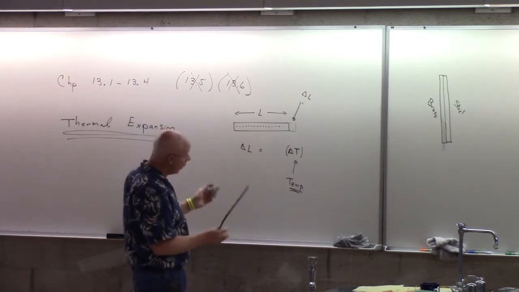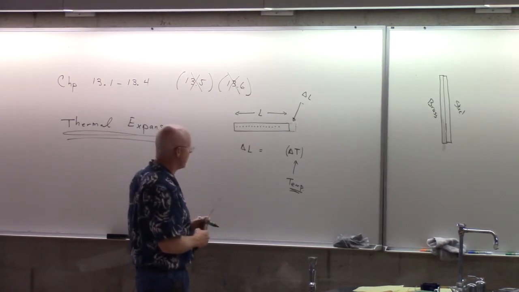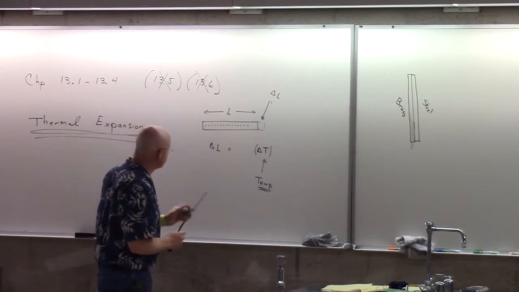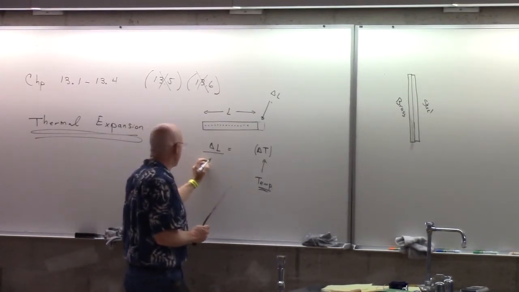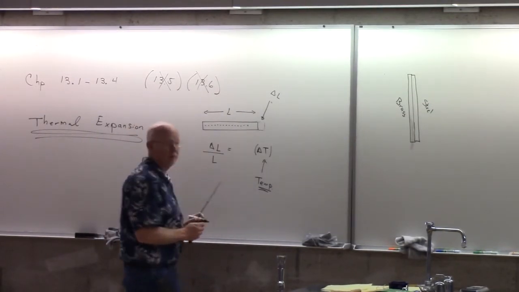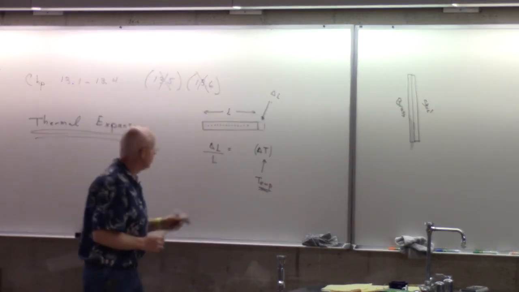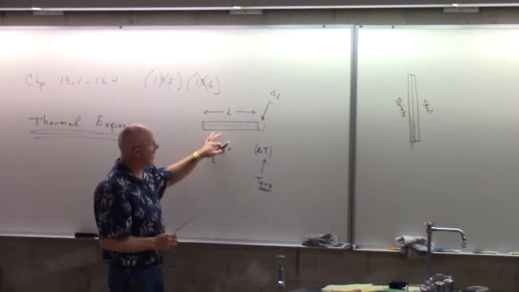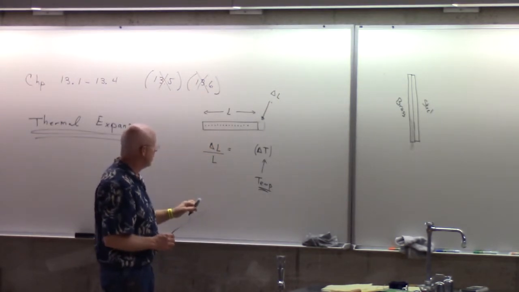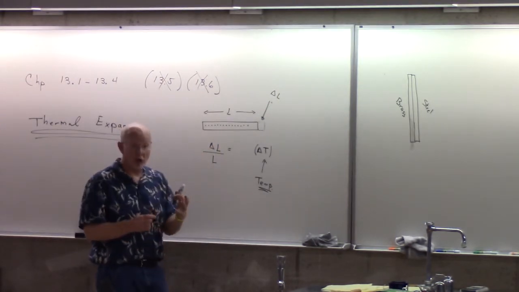Also, I hope it's not too much of a surprise that I should probably say, how much does it grow per unit length? Right? In other words, you're really saying that if I had a 1 meter rod, each meter would grow the same amount.